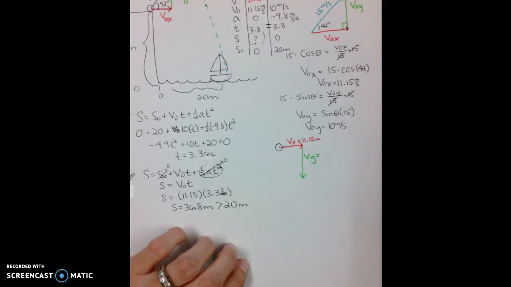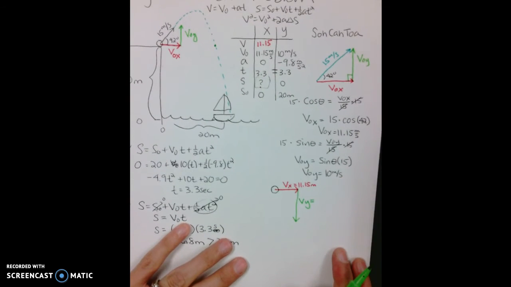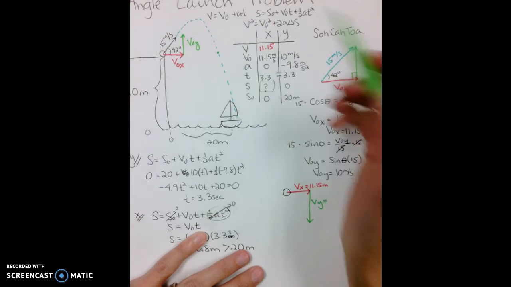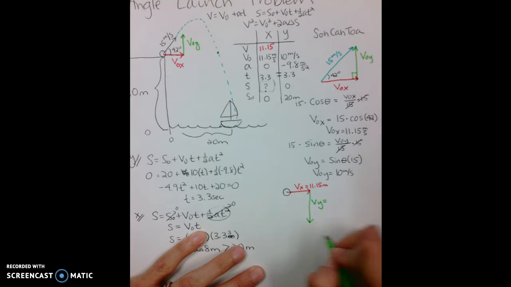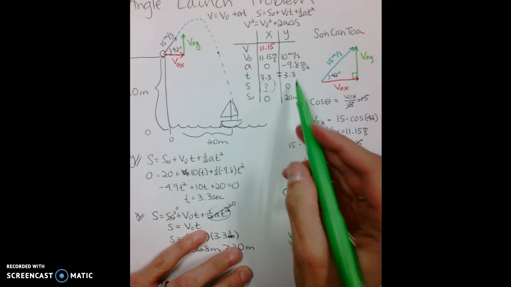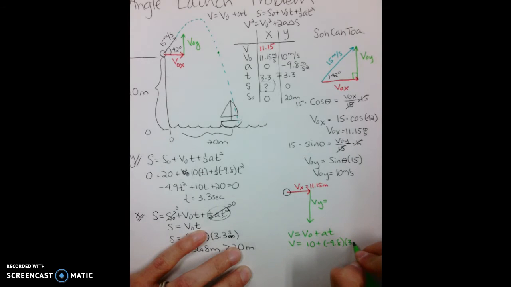And I can do that with probably the easiest kinematic equation, that first one here, V equals V naught plus AT. V is what I'm looking for. My initial velocity in the y direction is 10 plus negative 9.8 times the time, which is 3.3 seconds.